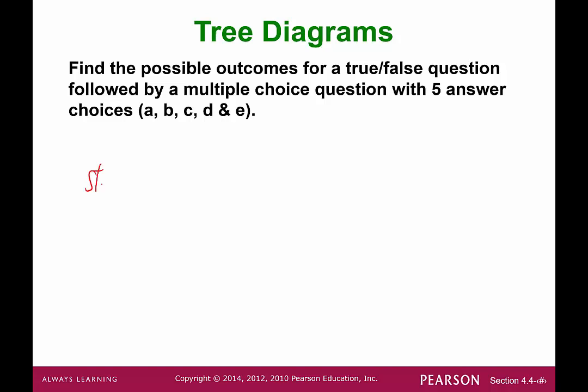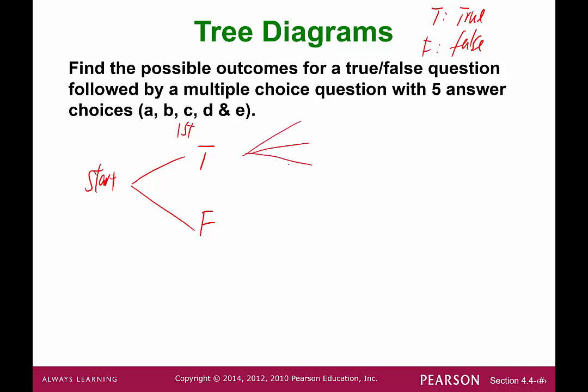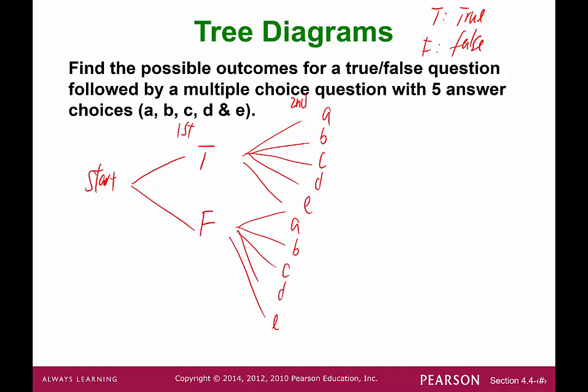So we can create a tree diagram starting from a starting point. For the first outcome, you either get true or false. T represents true, F represents false. And for the second question, you have 5 choices, either A, B, C, D, or E. Now following the branches of the tree, we get all possible outcomes.